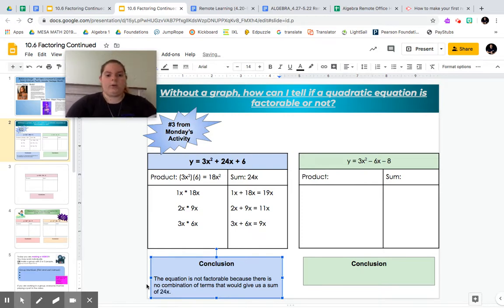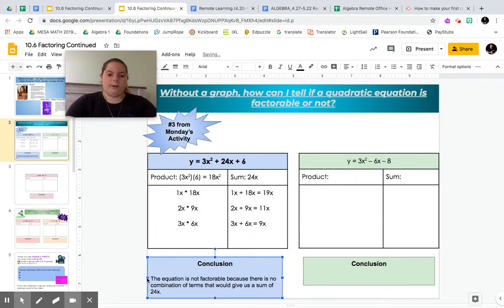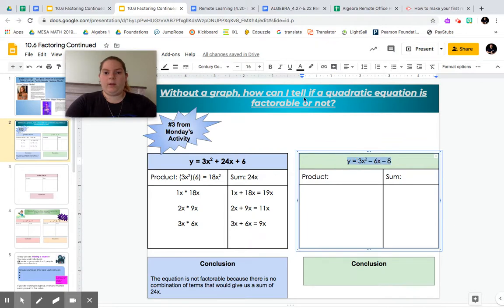Your conclusion doesn't have to be exactly like that, but in the gist of, there's just no number combination that works.